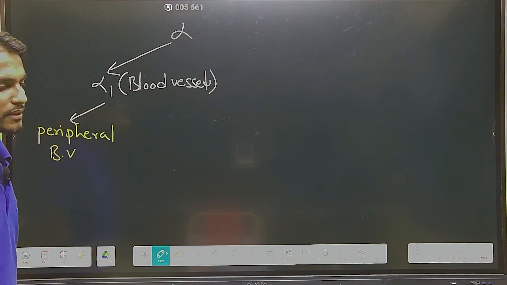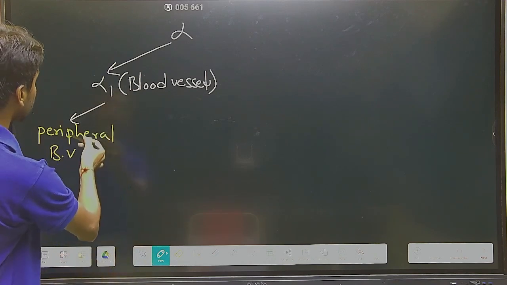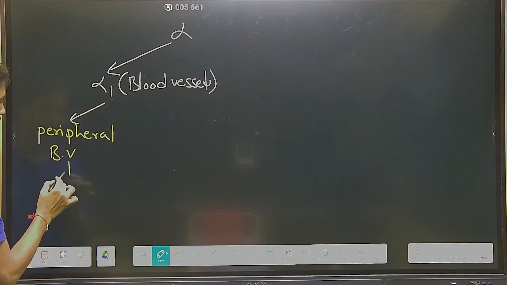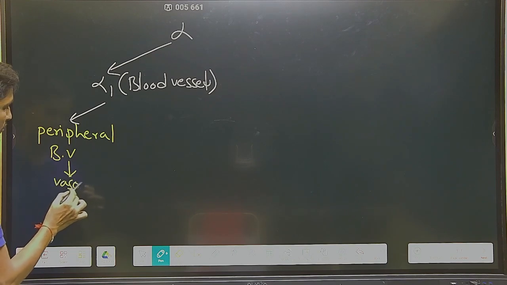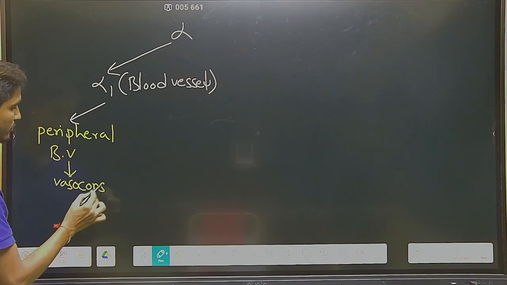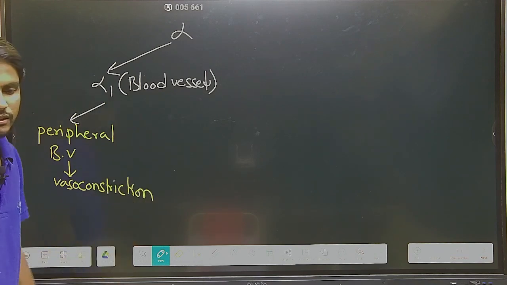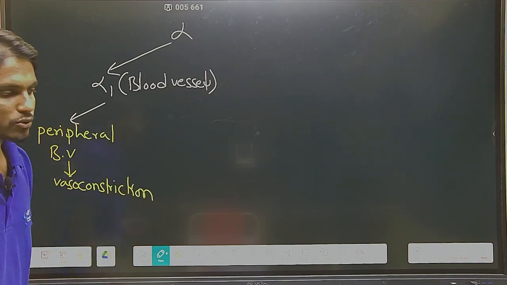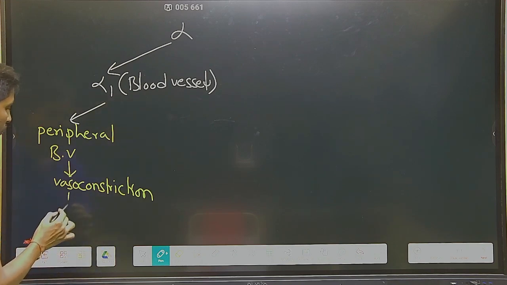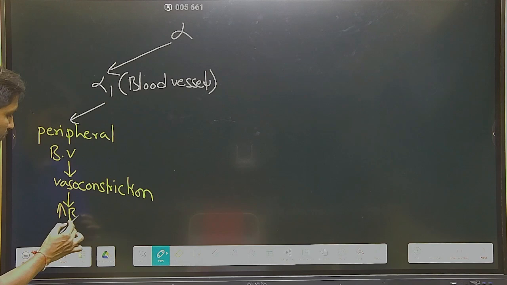what will happen? Activation of alpha 1 receptor located on the peripheral blood vessel can cause vasoconstriction. If there is vasoconstriction, automatically there is increased blood pressure.